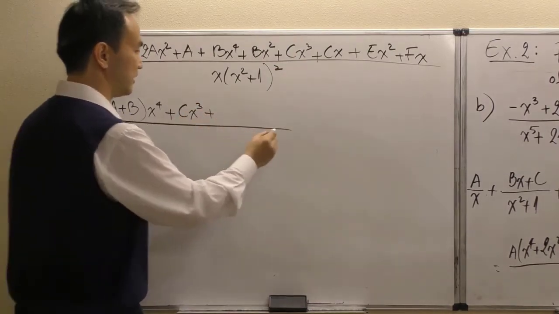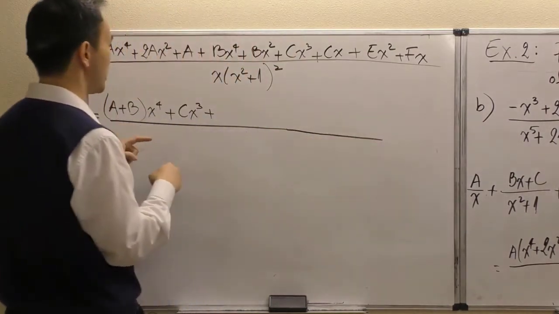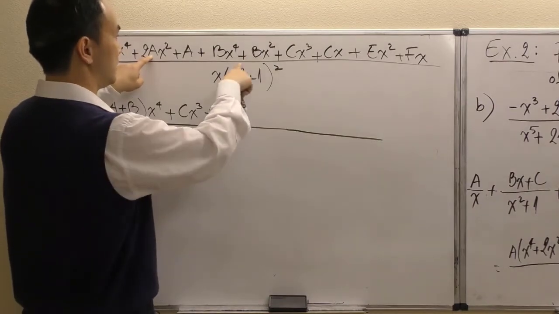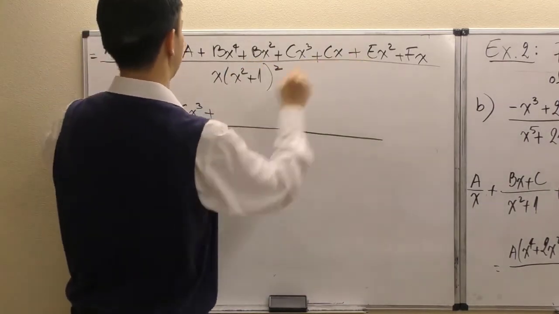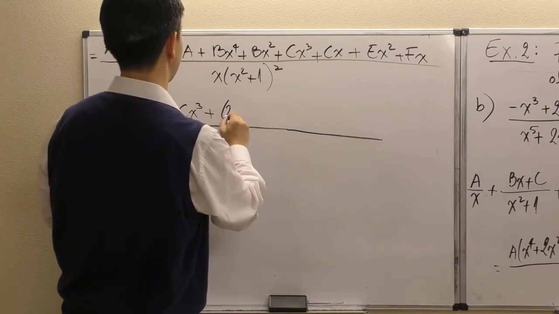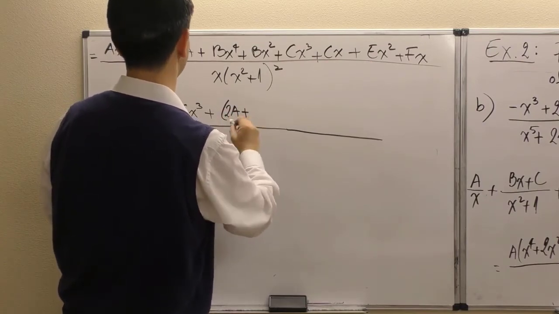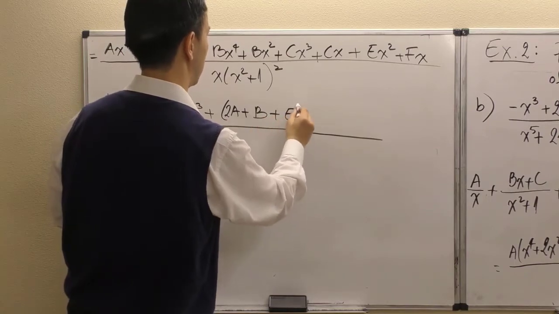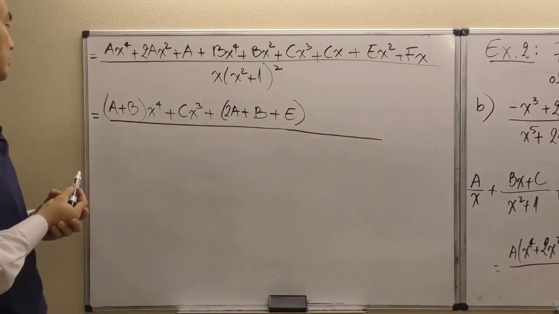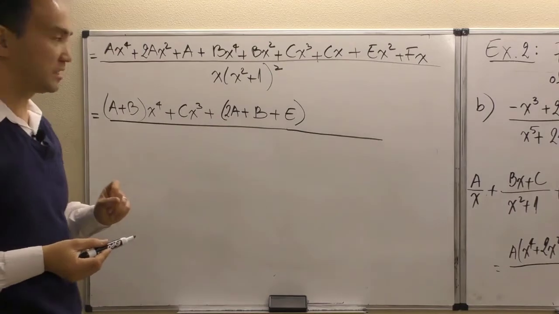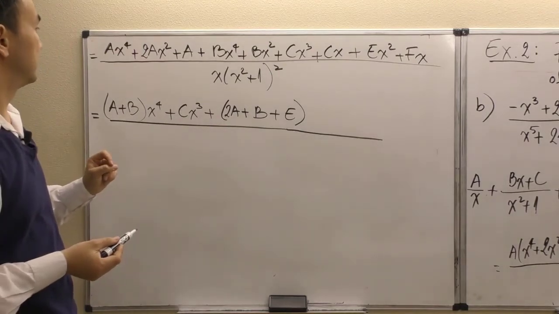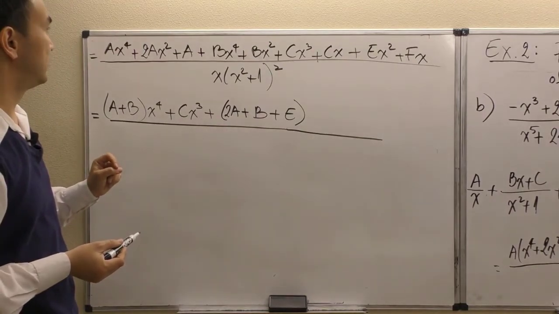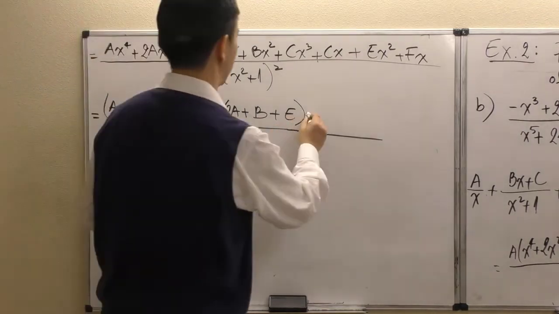And now let's move on to my square term. There's 2a, there's b, and there's e here. So here I'm looking at 2a plus b plus e. All right, so 2a plus b plus e. And that's for the x squared term.